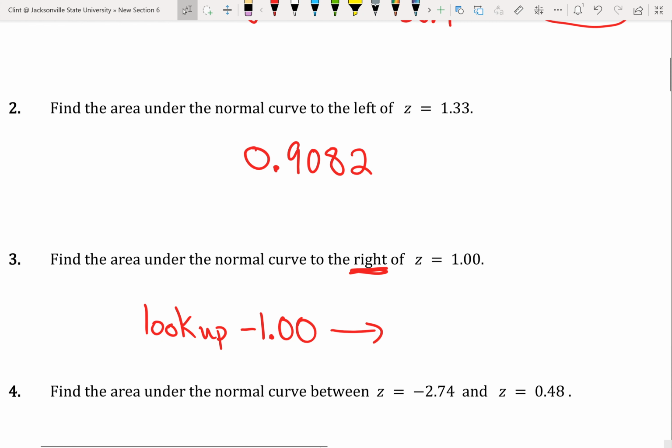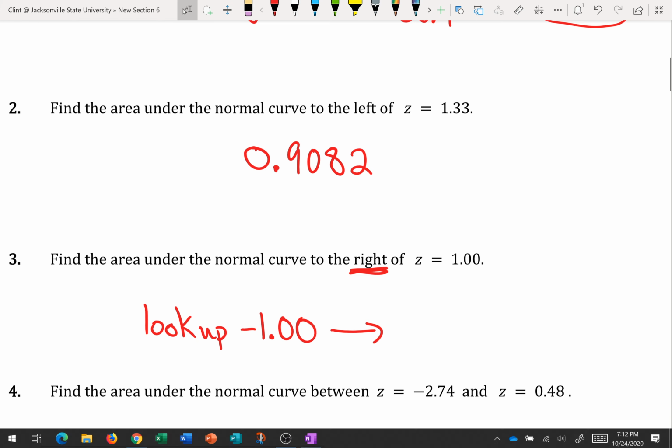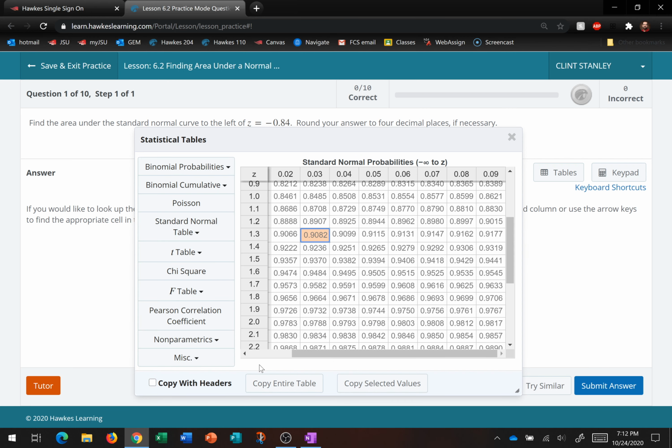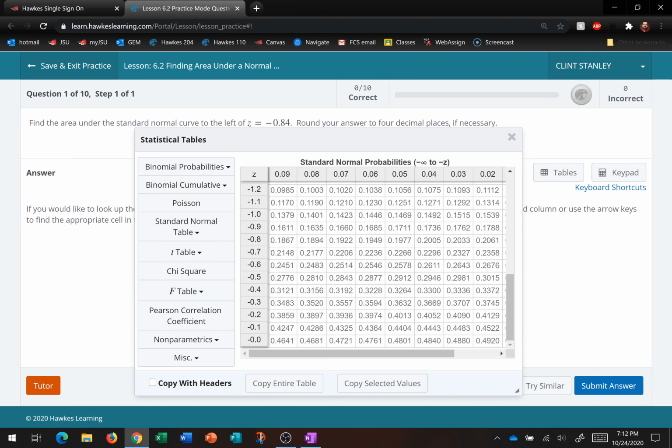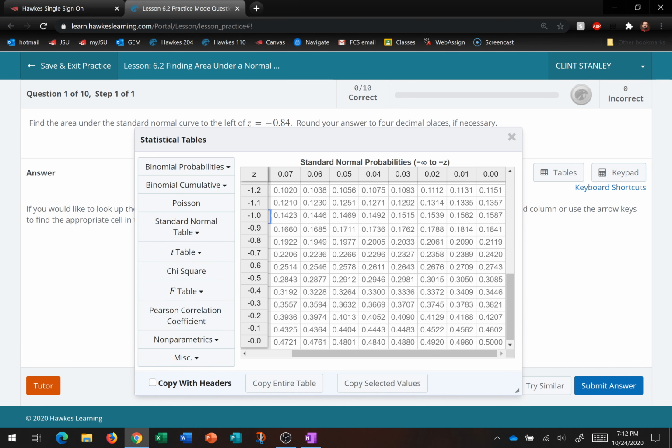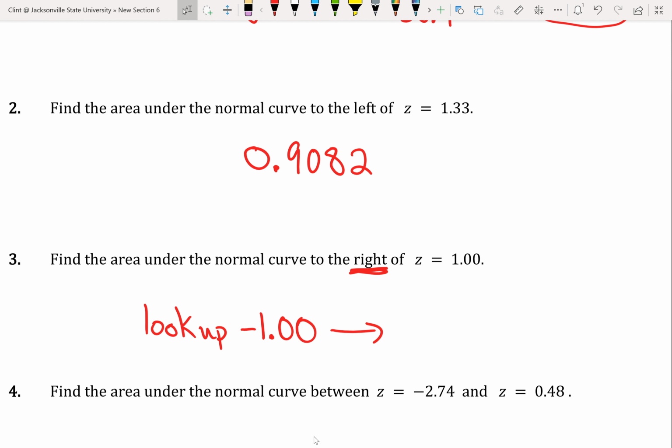So go to the negative side of the table. Look up negative 1.00. That gives me an area of 0.1587. And since it said area to the right, I looked up the opposite.